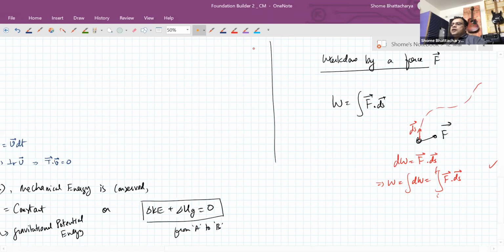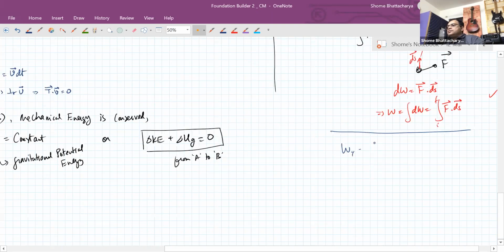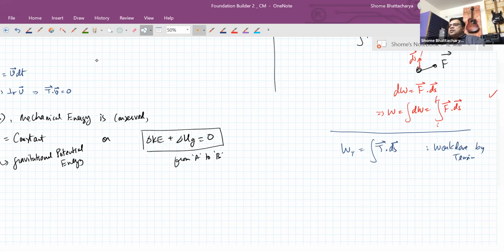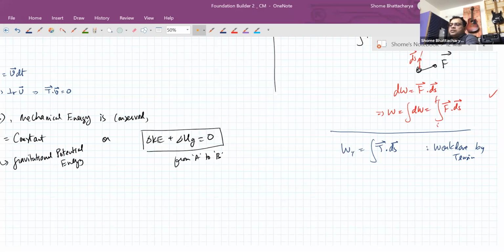Now look at what is happening here. When we look at the force of tension in particular, I want to calculate work done by tension, so it is integration t dot ds. This is the work done by tension. Now what is happening at any point of time, the direction of tension will be perpendicular to the direction in which that differential displacement is happening.